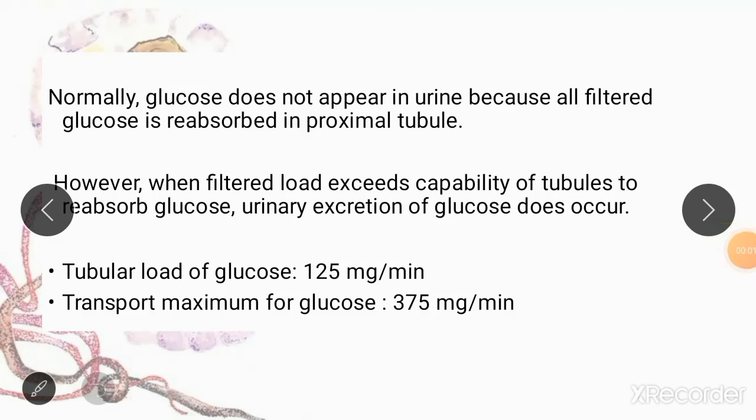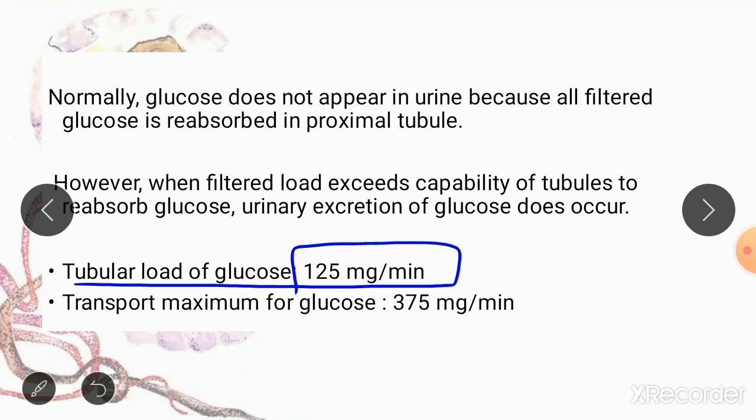So for BDS students, this graph will not be asked of you in your exams. This was just for your understanding. What you do need to know is the definition of transport maximum, and the normal tubular load of glucose, which is 125 milligrams per deciliter per minute, and then the threshold at which some of the nephrons become saturated and the glucose starts appearing in the urine.